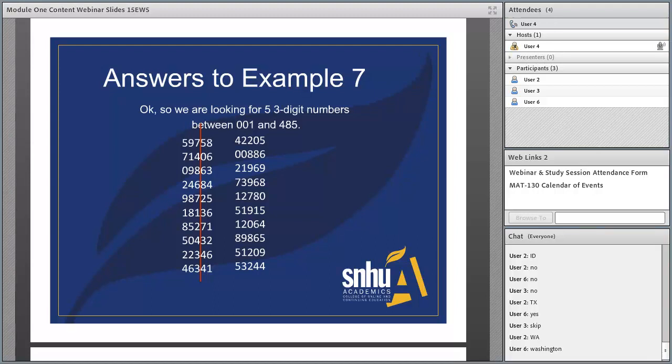Just like before, we were only looking for a 1-digit number, so I only had to pay attention to the first digit. Here I'm looking for a 3-digit number, so I want to pay attention to the first 3 digits. And just like before, if I had something that was 7 or more, I skipped it. Here, if I have something that's more than 485, I'm just going to skip it.